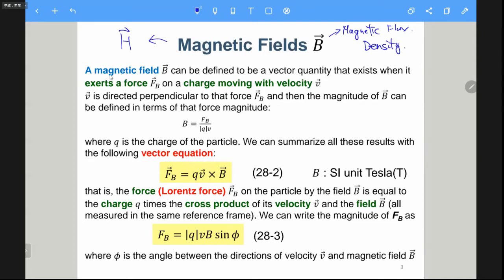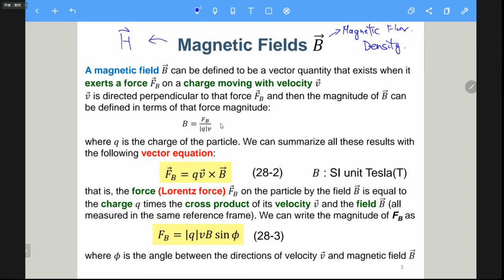Okay, so a magnetic field can be defined to be a vector quantity that exists when it exerts a force Fb on a charge moving with velocity v. Okay, so v is directly perpendicular to the force Fb, and then the magnitude of B can be defined in terms of the force magnitude.